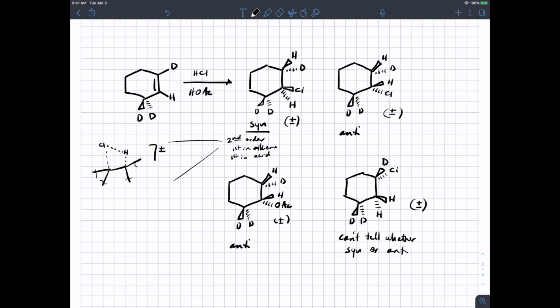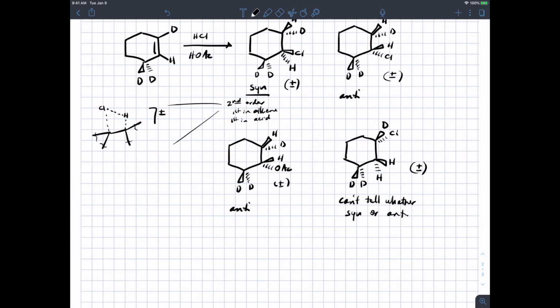Alternatively, you could imagine a situation where you do have a carbocationic intermediate, but it's a contact ion pair, and the chloride reacts very fast along the same face before it has time to swim around and come around from the other side.